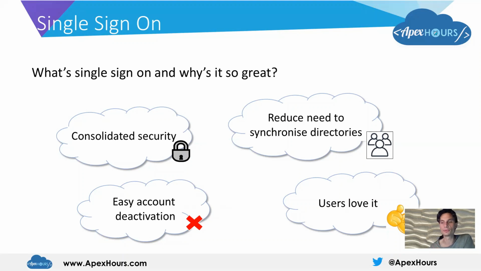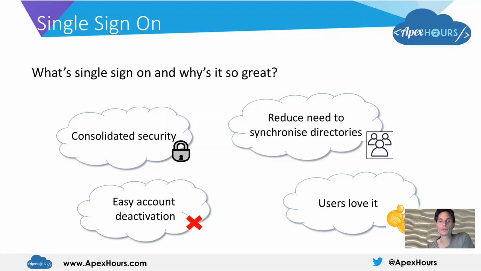So if we want to ensure there's multi-factor authentication, that certain login hours are applied, or IP restrictions, that can all be done in one central place, and we know that all applications that use that identity are already stepped up to the level of security.